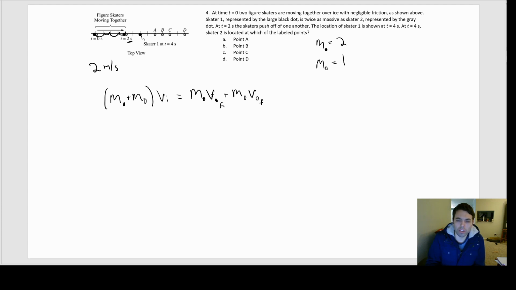This is final. Now I know the velocity, I know the masses, I know this initial velocity, so add these two up, 2 plus 1 is 3 here. My initial velocity I figured out is 2, equals mass of black dot is 2.